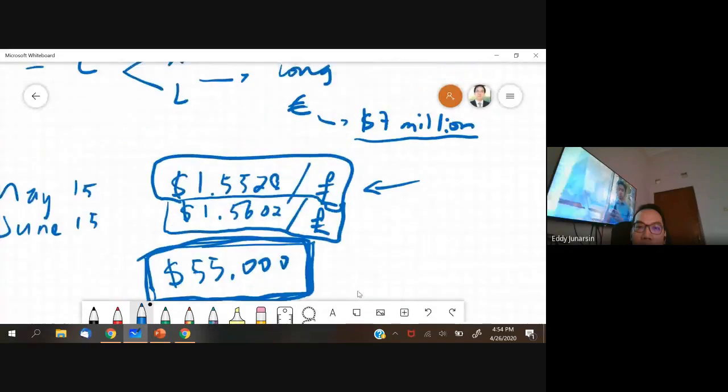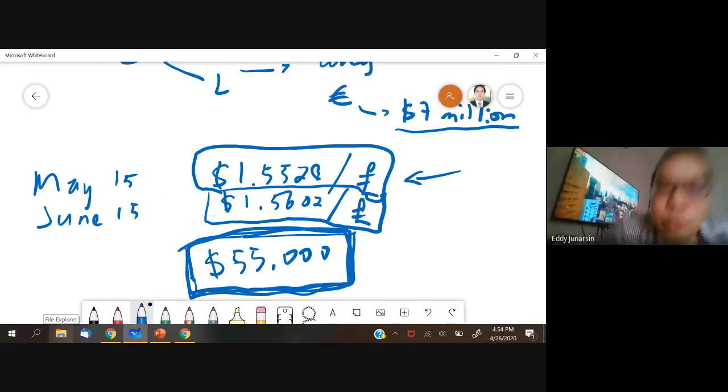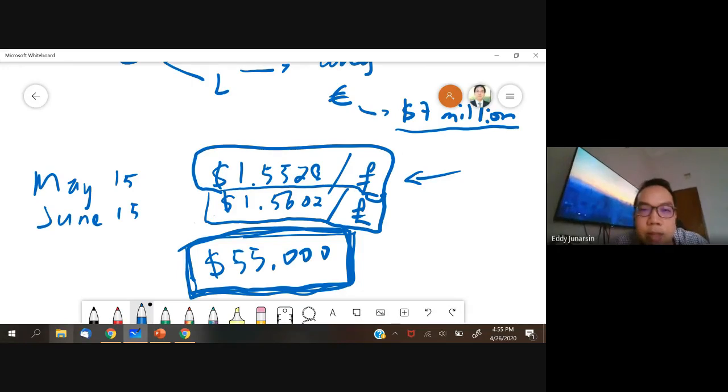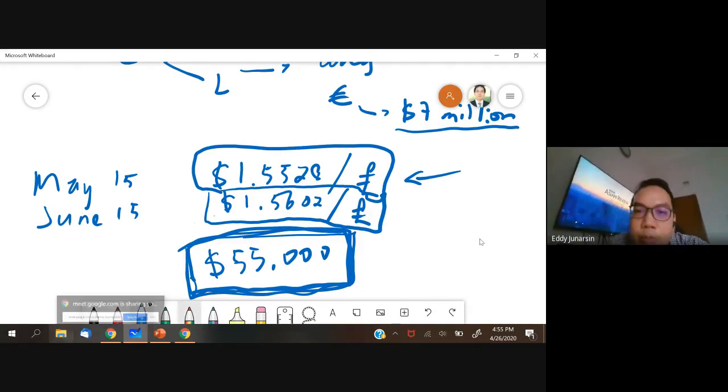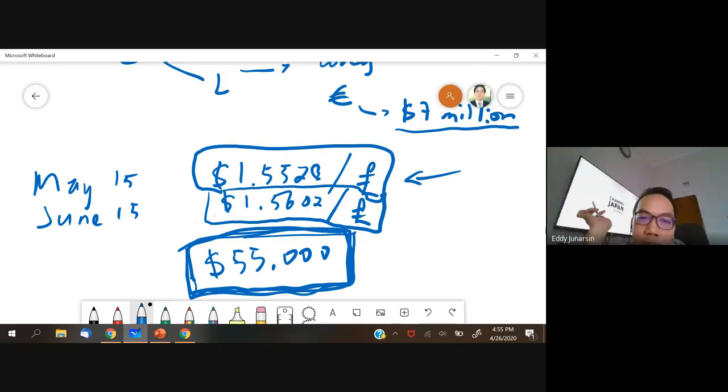So the same here, same currency quotes, 158.28 to 156.02. So once again, for the last 1 month, UK pound has appreciated against the US dollar. As you see on May 15, to get £1, you have to pay 158.28. Whereas on June 15, to get £1, you have to hand in 156.02.